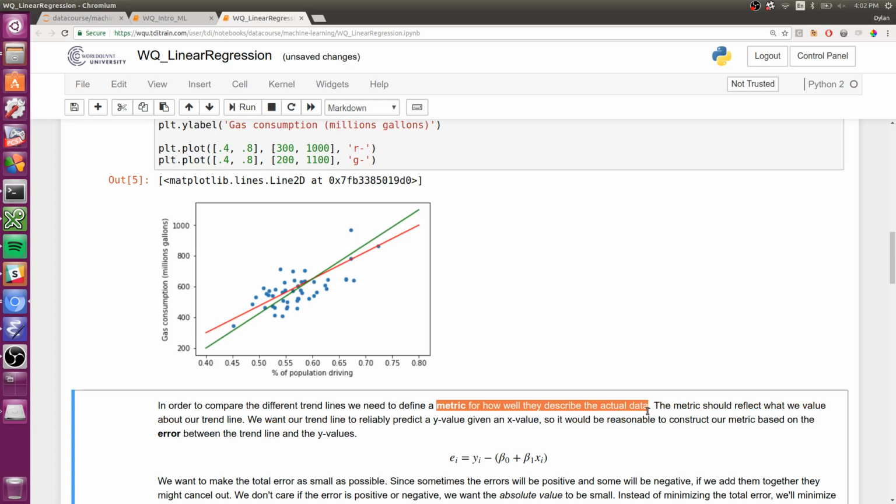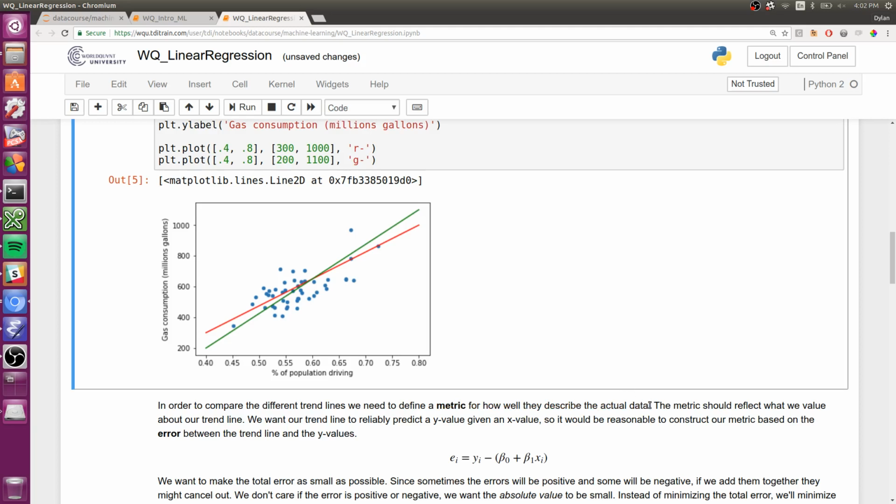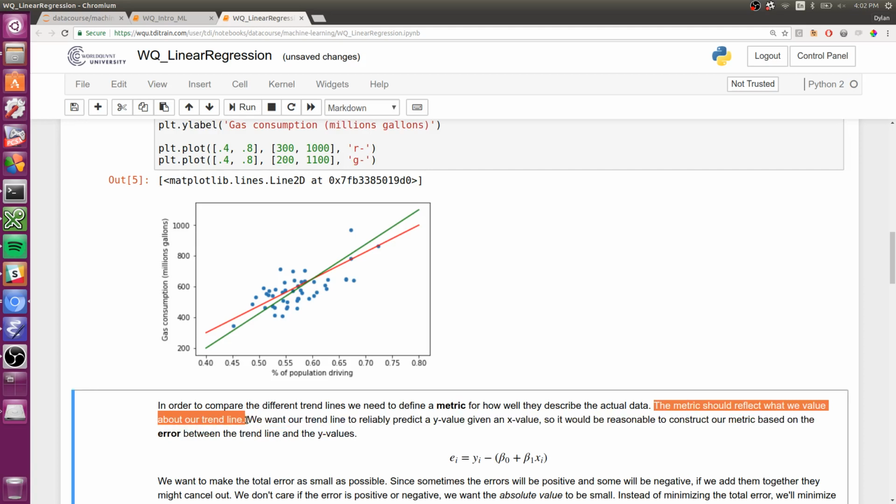And this is very generic in machine learning. We'll talk more about metrics probably in the next lecture.